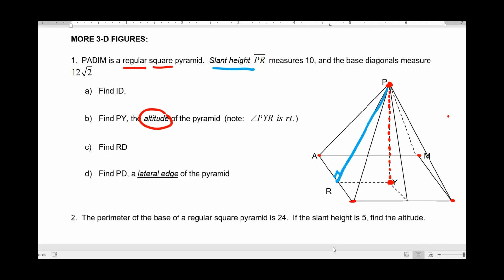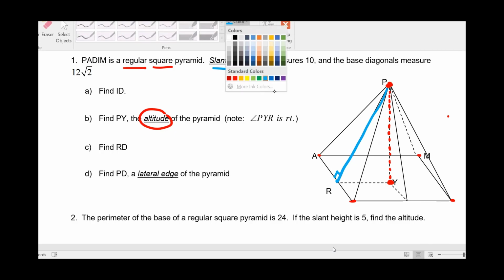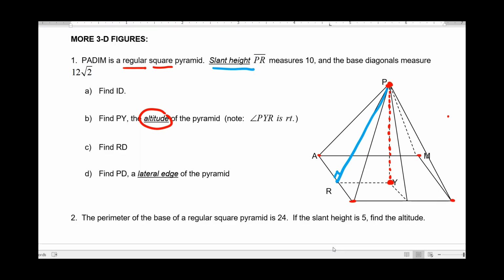A lateral edge, so I think we're missing some letters here, sorry about that. Looks like this is going to be AM, it's just going to be D here, P-A-D-I-M, so the I belongs right there.